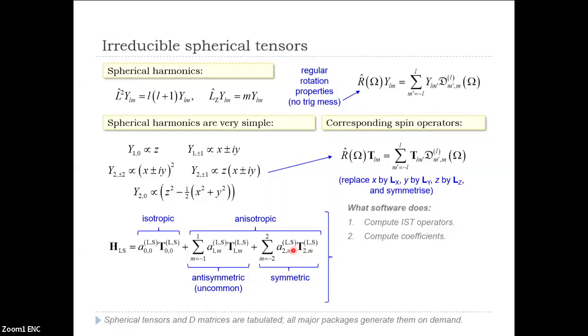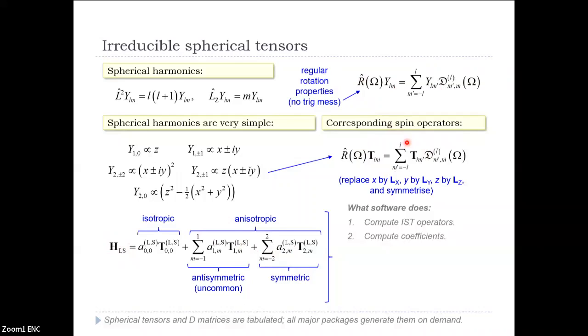The only thing you need to do is understand the generic group theoretical reasons for why this is happening that I've just painted for you. Okay, so the software will compute all those operators, will compute all those coefficients, it will make that Hamiltonian, and it will correctly apply these rotation equations to position all of your interactions in the molecular frame, and it will just throw out the Hamiltonian matrix for you.